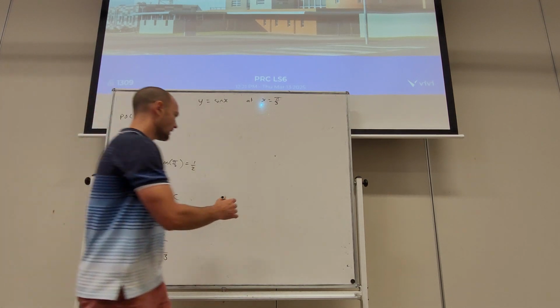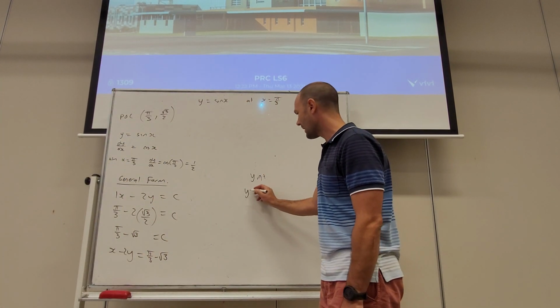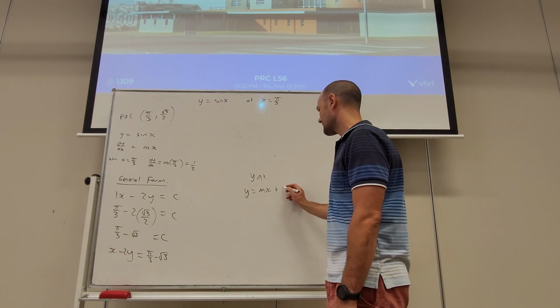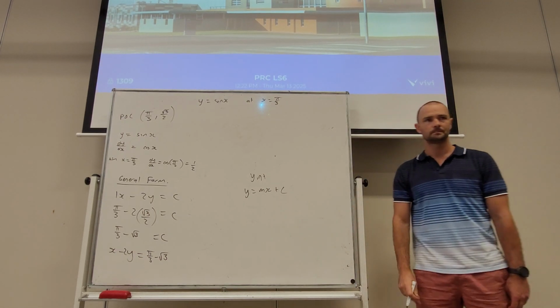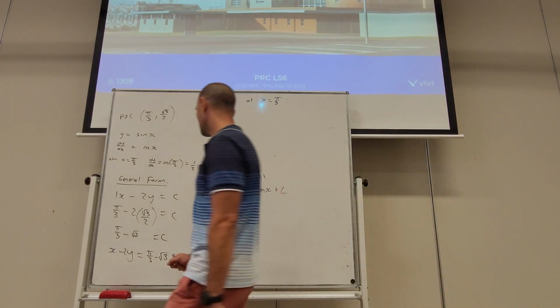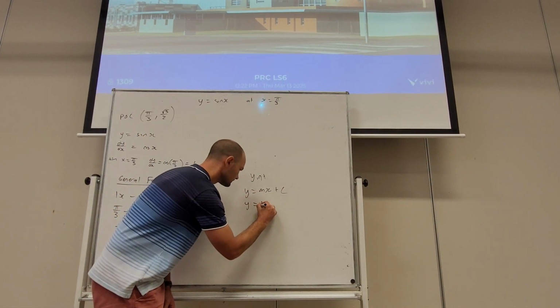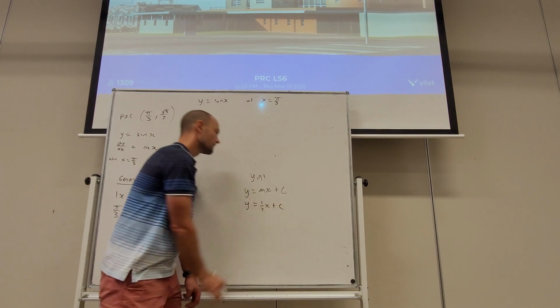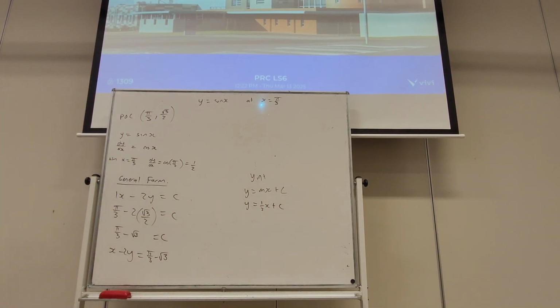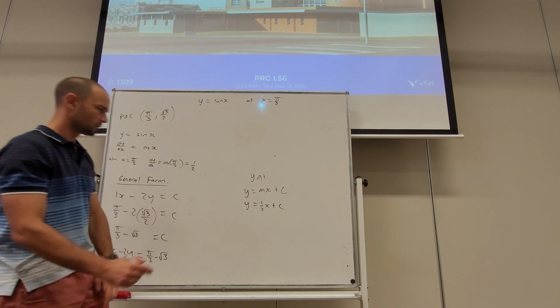All right, so that's the general form process. Let's have a look at the y-intercept form process. This is the one we should be pretty familiar with. We have y equals mx plus c. That's the equation of a line. We have the slope is half, so we're going to put half where m is. And then it passes through when x is pi on 3, y is root 3 on 2.